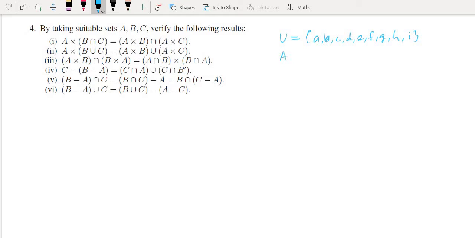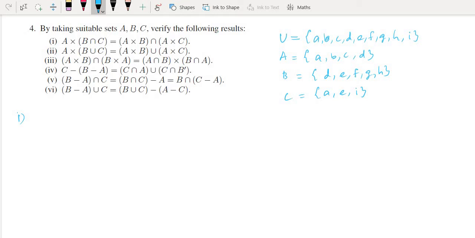So let me take A as a, b, c, d, and B as d, e, f, g, h, and C is a, e, i. So let us discuss the first subdivision.